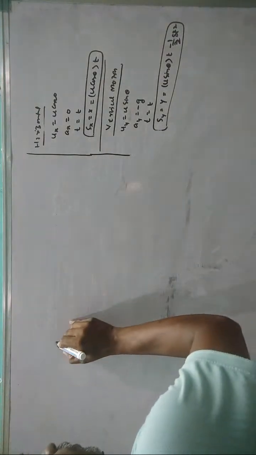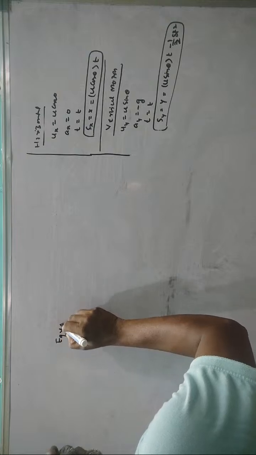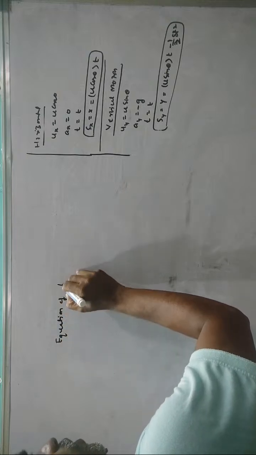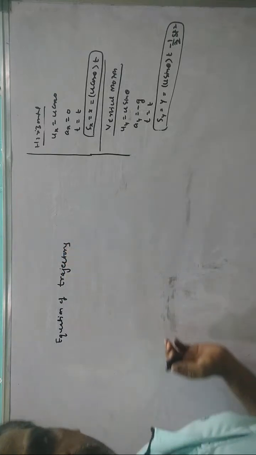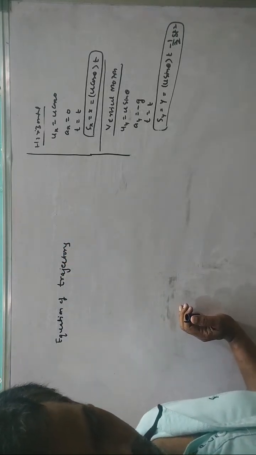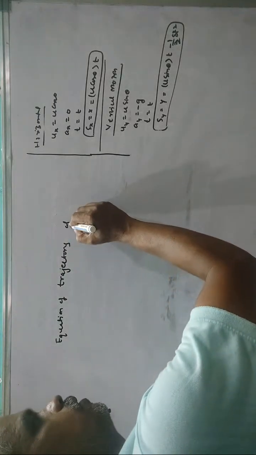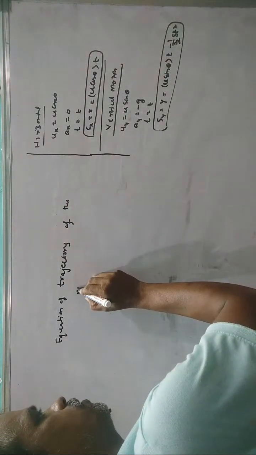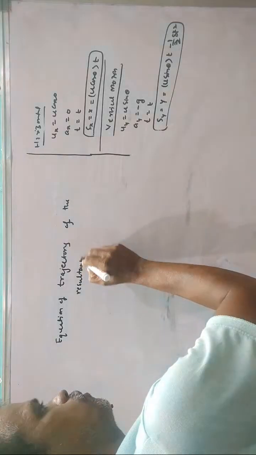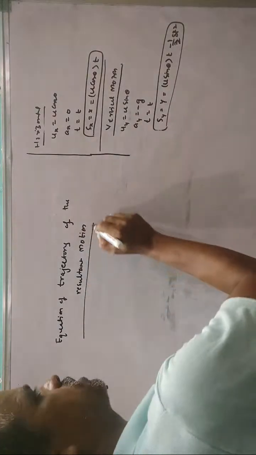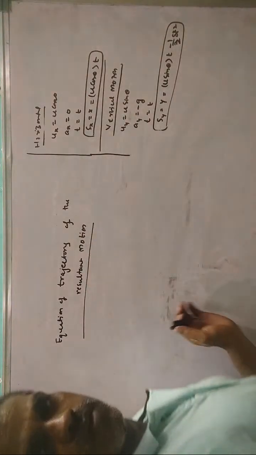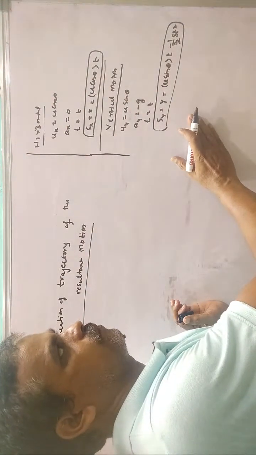You just write, equation of trajectory of the resultant motion. So I discussed up to now.